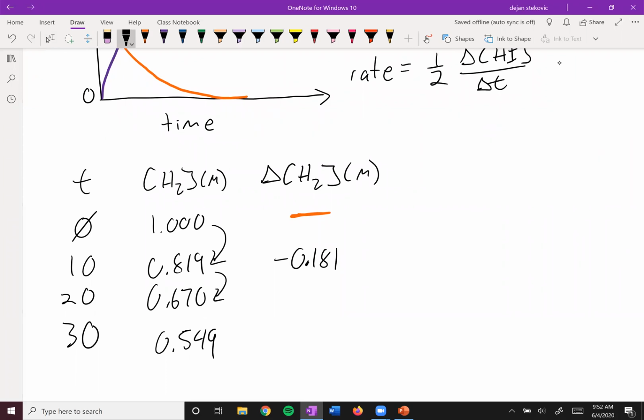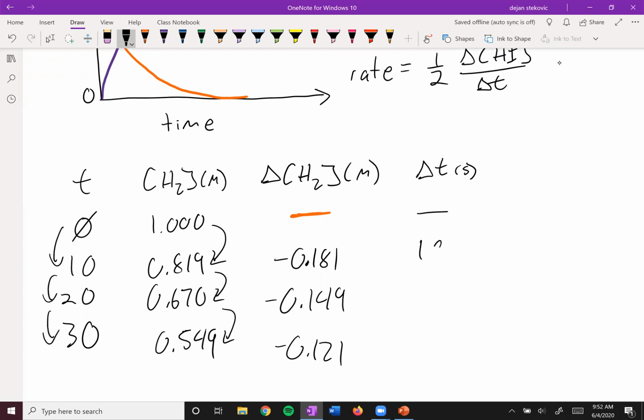What happens when you go to the next step? If you subtract these two numbers, you get negative 0.149. And between these two numbers, you get negative 0.121. Then let's think about the change in time between all of these intervals. Ignore that first one. Each time we're only going 10 seconds, so the change in time is always just 10 seconds.